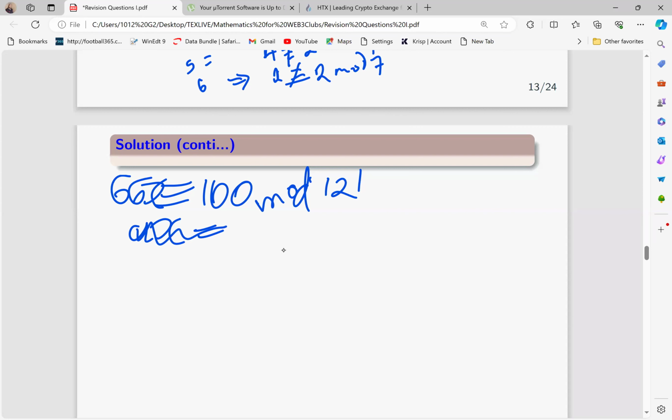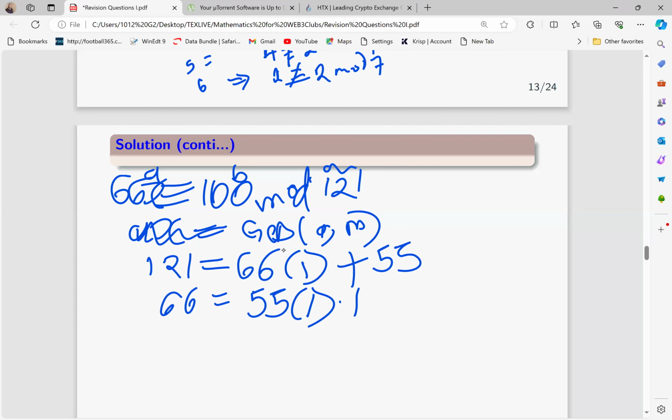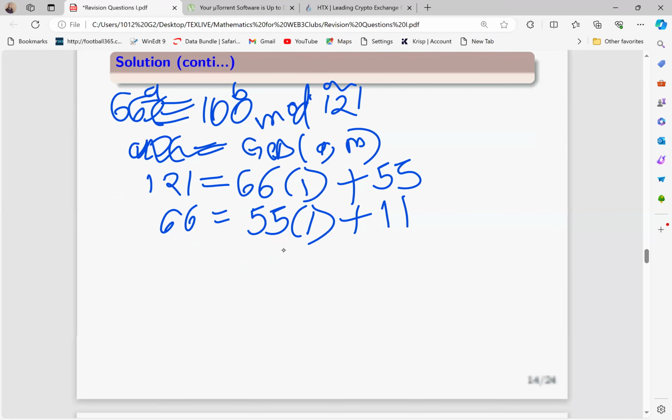So this is our a, this is our b and m. We say 121, how many times? Once. The remainder is 55. And then 66 we express in terms of the remainder, which is 55 once plus 11.